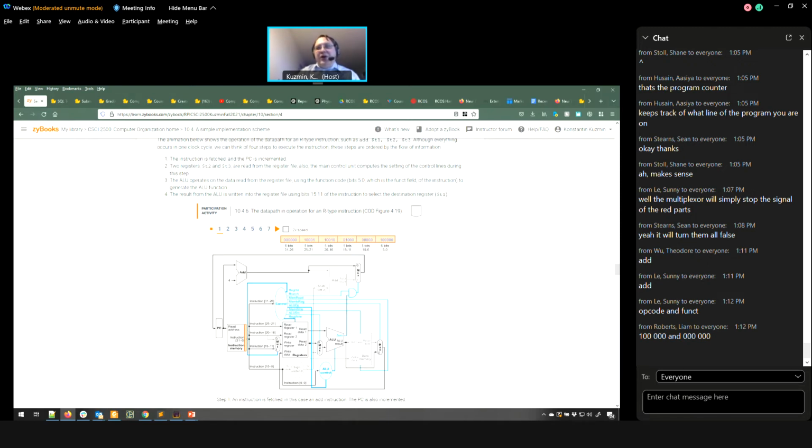The register file, for example, gets instruction 25-21, which is source register 1. Instruction 20-16, bits 20 to 16, is source register 2 to read, and so forth.